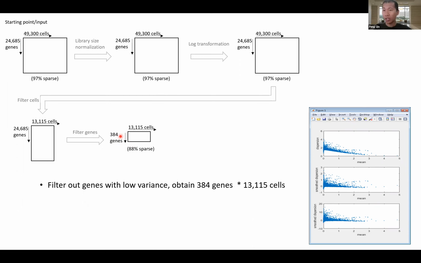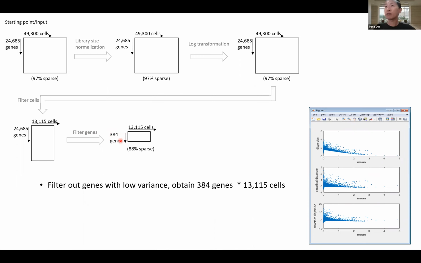Okay, so today, if you look at pipelines that people often use, this number is usually larger. People often choose to use the top 2,000 highly variable genes instead of just a few hundred. But in this paper, 400 worked well, but usually people would include more genes here, somewhere around 2,000.